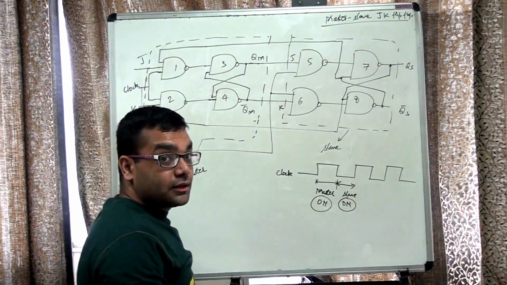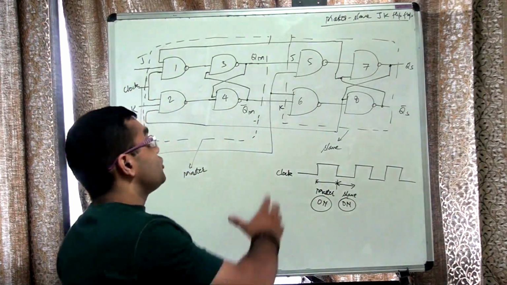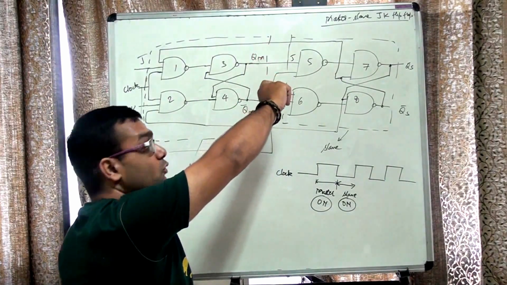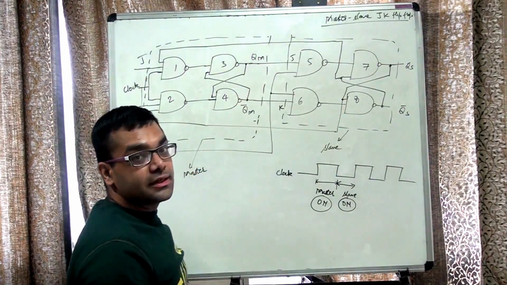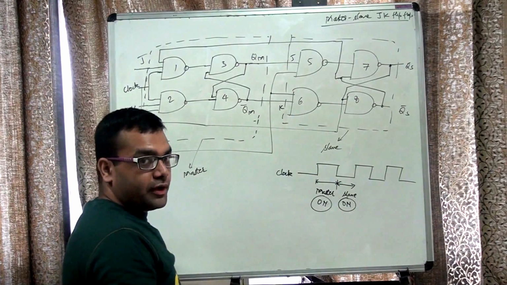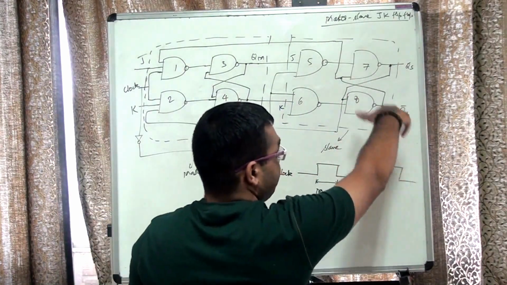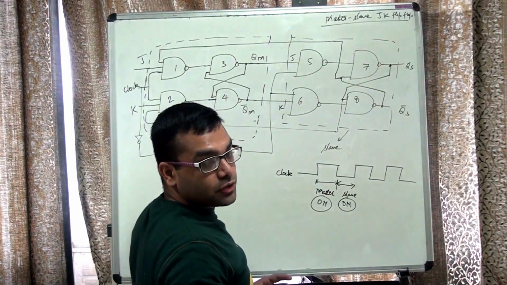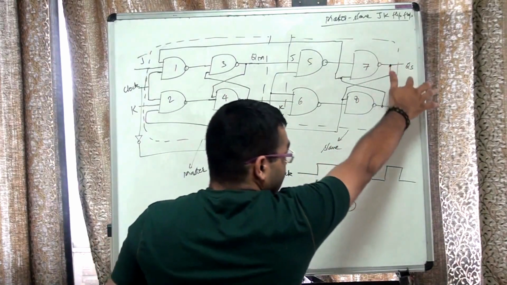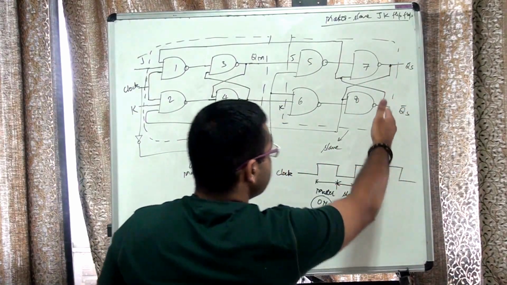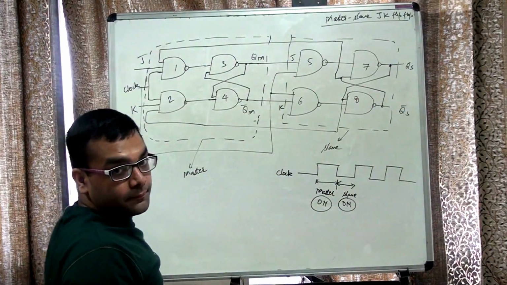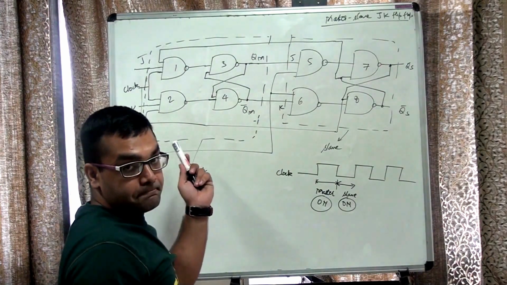Now my slave works based on the previous outputs QM and QM bar that were generated. So my slave generates new outputs QS and QS bar. They are available at these outputs and also go as feedback to the master.